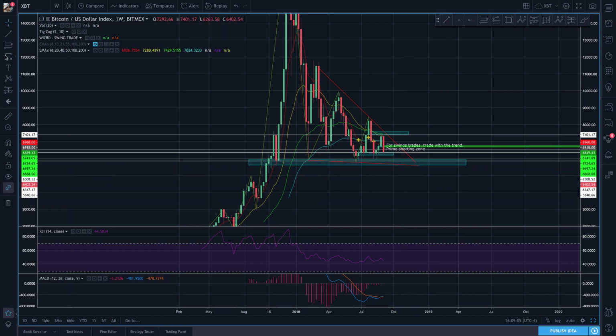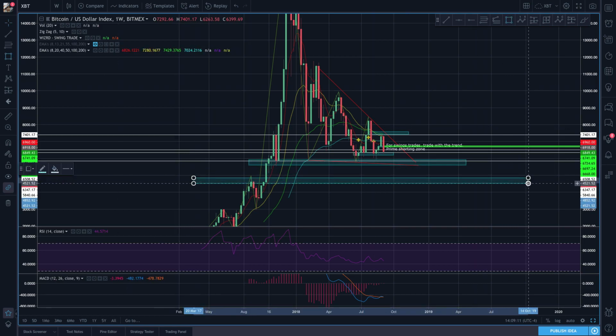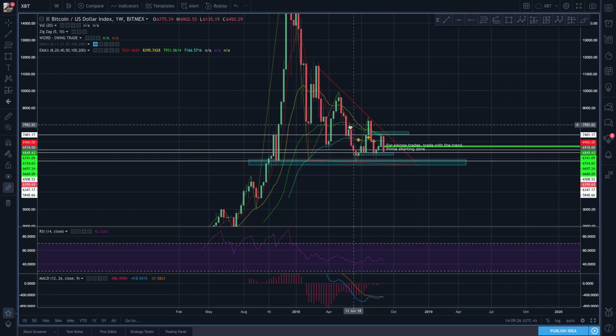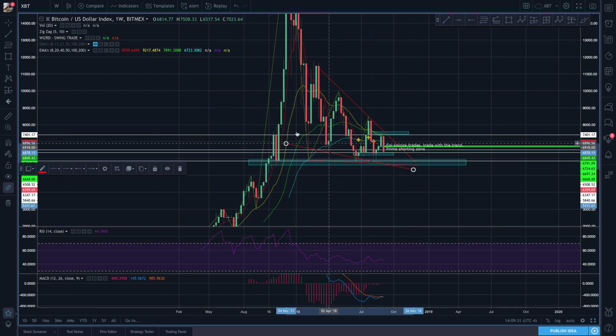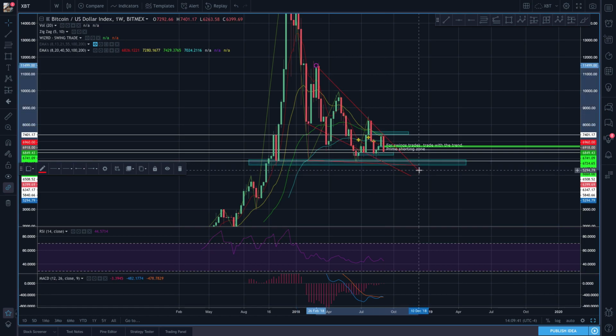Even this, to me, seems out of the question, but it is a possibility. It's crypto, you never know what could happen. Although this formation always does seem to, if you look at it like this, something like a falling wedge, right?